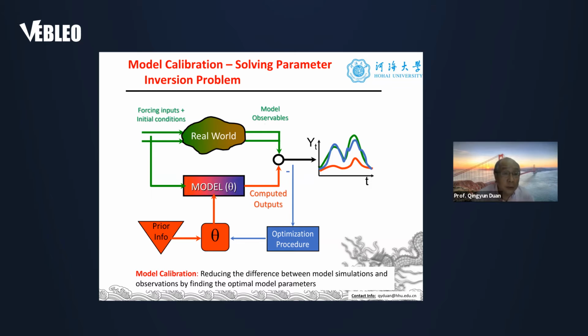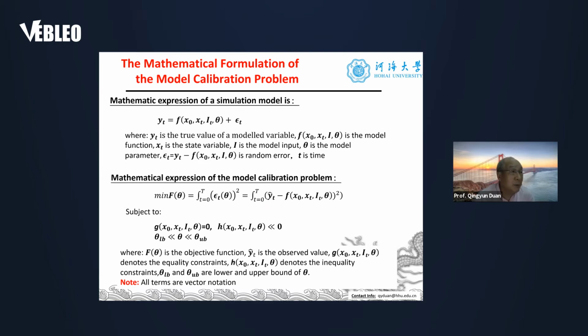So let's first define this problem: the mathematical formulation of the model calibration. First, shown here is the mathematical expression of the simulation model. You have y(t), the model observable, which is a function of the initial state, the state variable, the inputs and the model parameters. Note that the model parameter is a time-invariant variable, plus some noise.